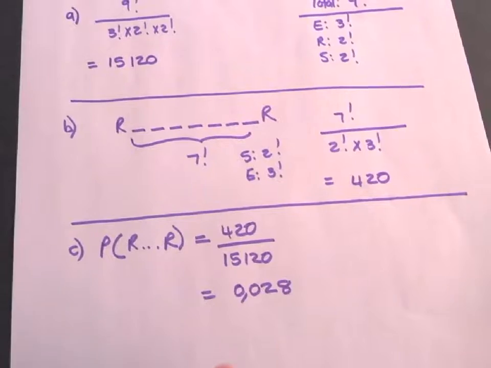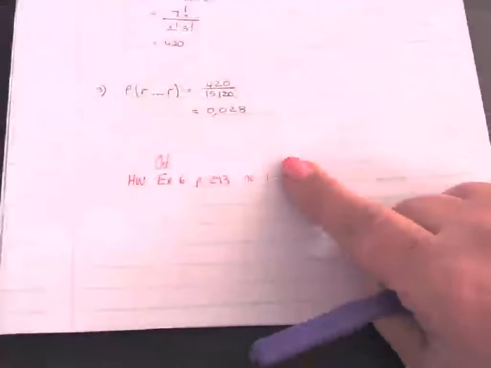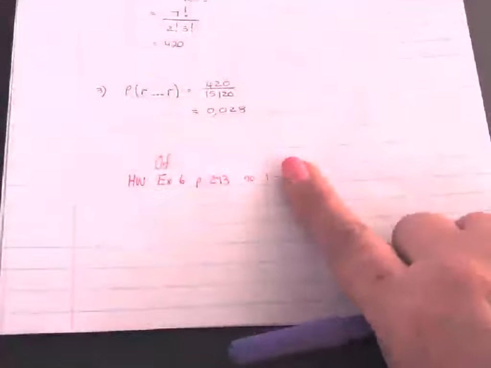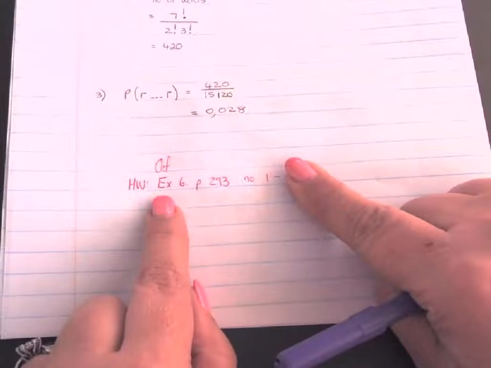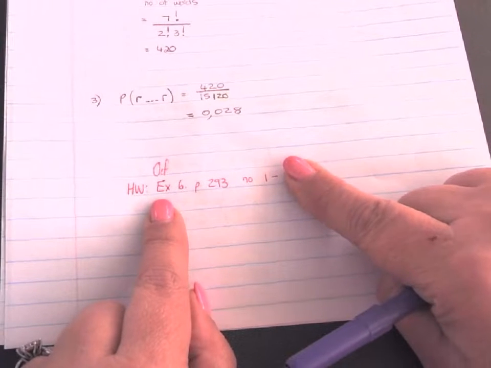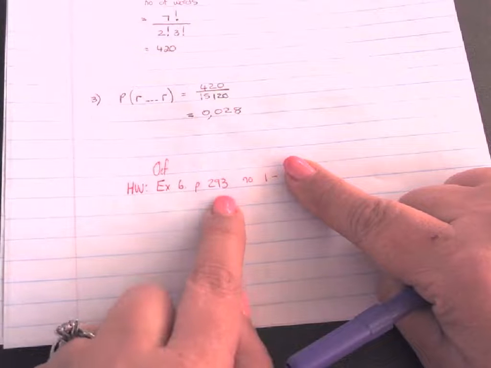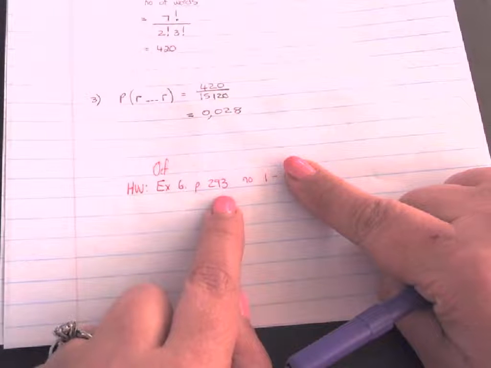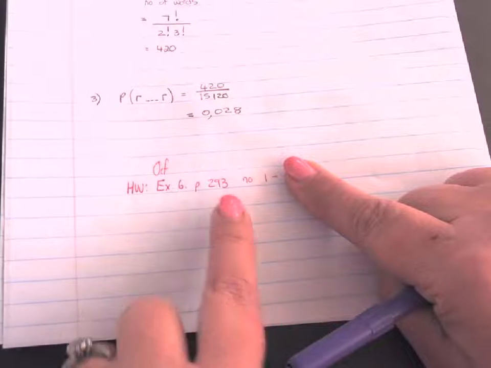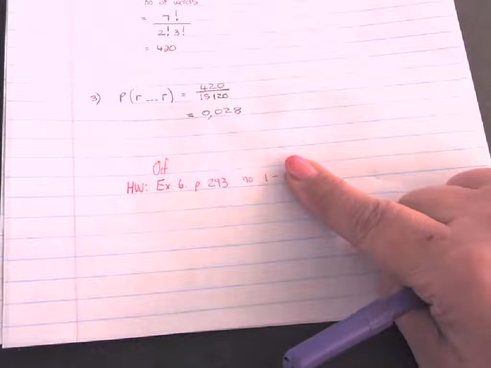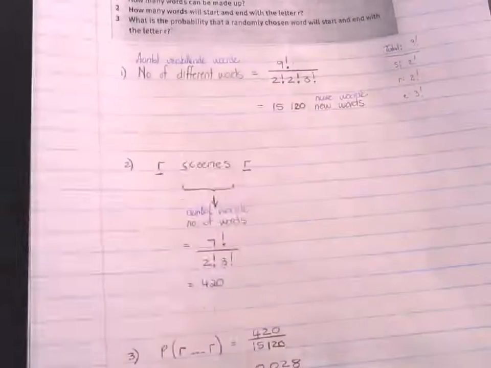Okay. That's the end of today's lesson. Your homework is a lot. It's exercise 6 in the textbook, page 293, number 1 to 18. Okay, now 18 sounds a lot, but it's small sums like this.